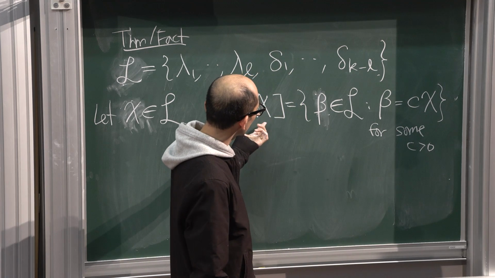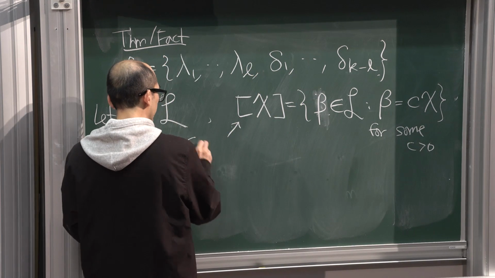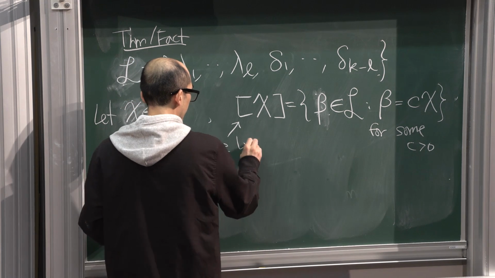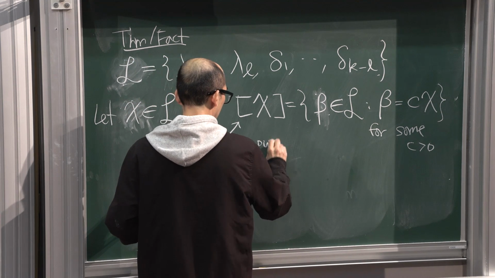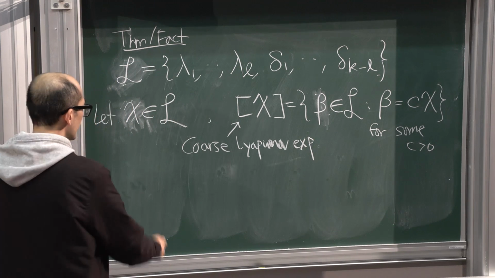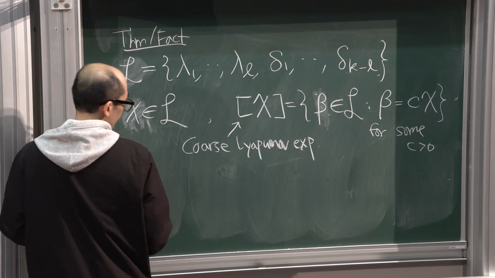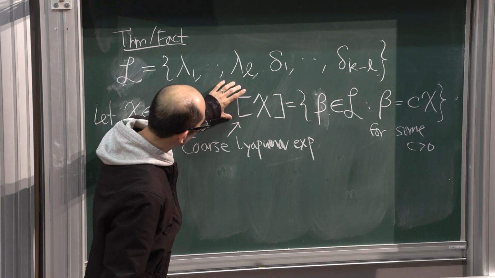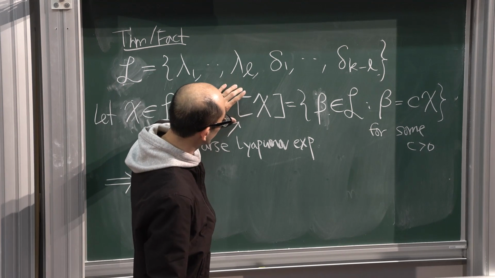So I want to call this the coarse Lyapunov exponent or functional. And the fact is that this is an equivalence relation.